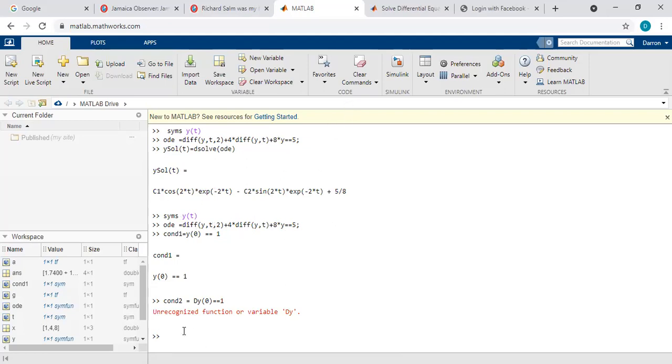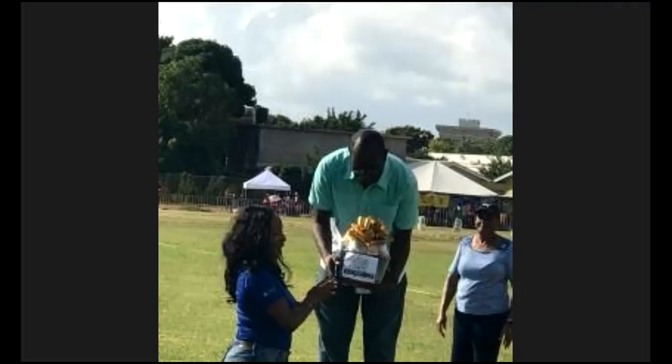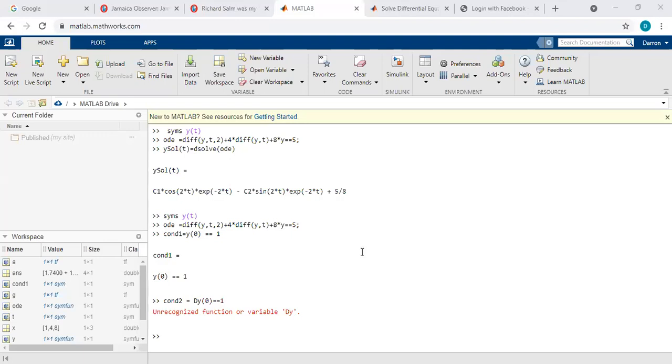It did not recognize Dy of 0. Give me a second to find out. It does not recognize it. Condition 2. Sorry, give me a second.